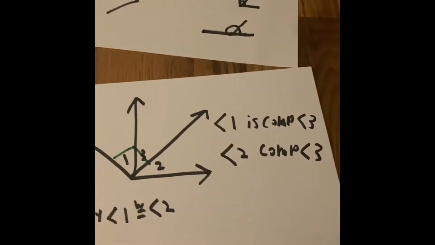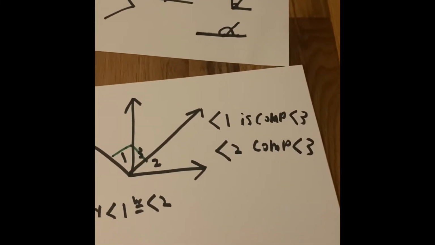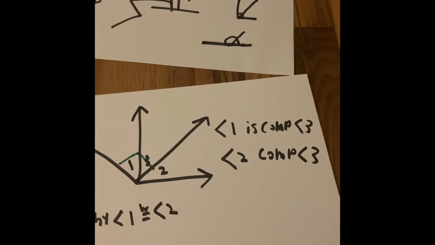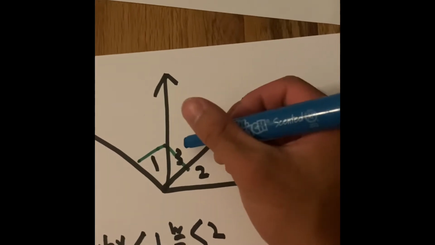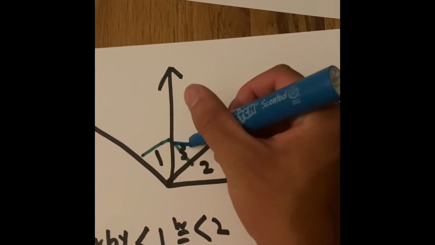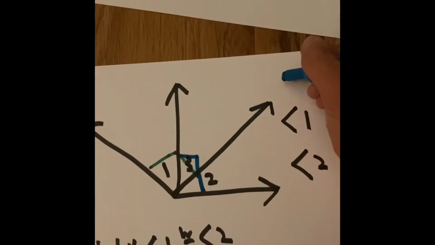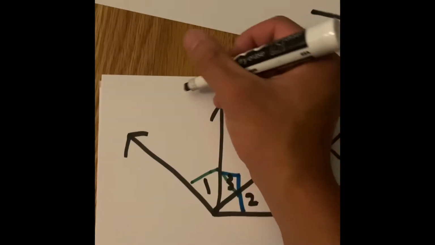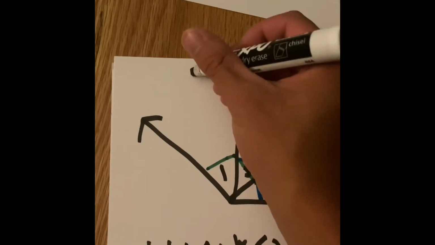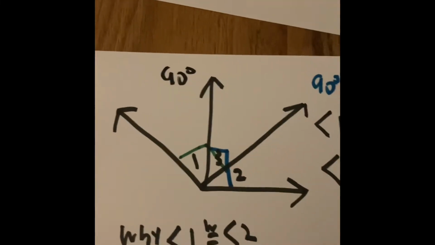It also says that angle 2 is complementary to angle 3. Here's angle 2 and angle 3. This is 90 degrees as well. So 90 degrees over here, and for the green one, 90 degrees over there.